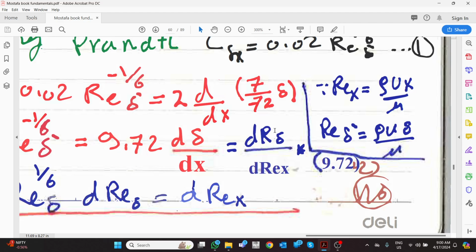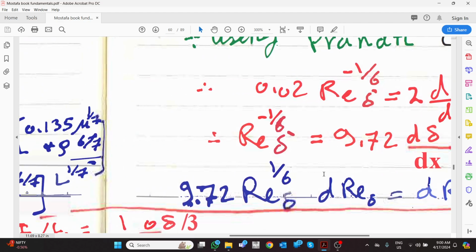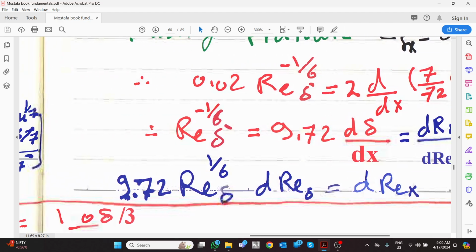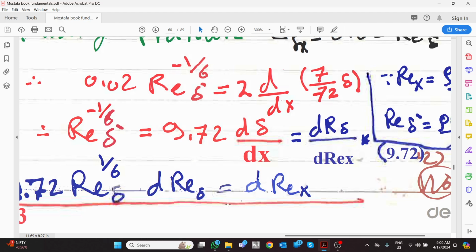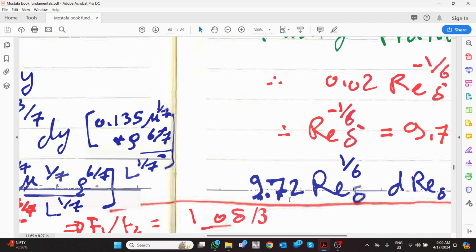It is d Reynolds number at delta divided by d Reynolds number at x multiplied by this number. So while you have this one, the definition of Reynolds number in delta perspective multiplied by d Reynolds number in delta is equal to d Reynolds number in x.